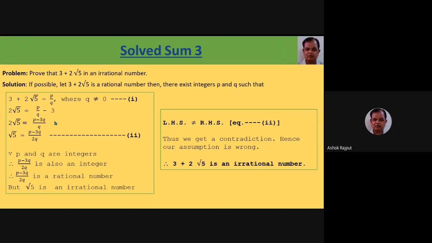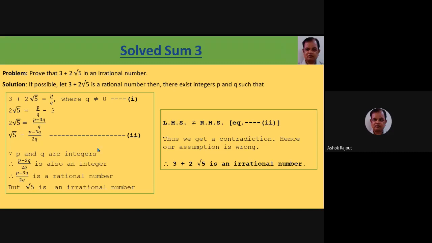If you know the method, then p divided by q will be p, and 3 divided by 1 will be 3q. Because it is written here 2 root 5 equal to p minus 3q by q, we divide it by 2. Root 5 equal to p minus 3q by 2q.